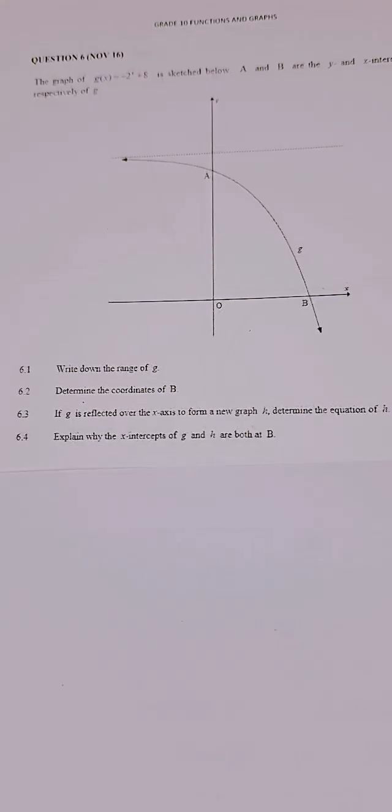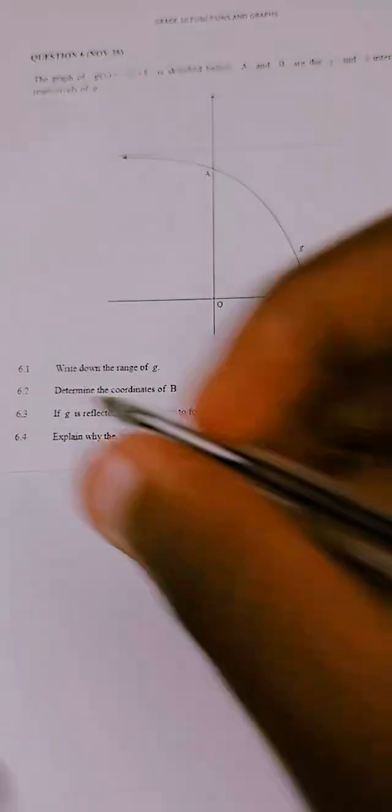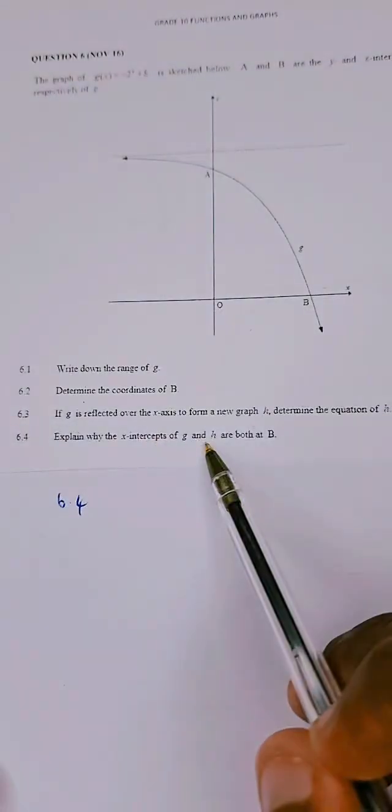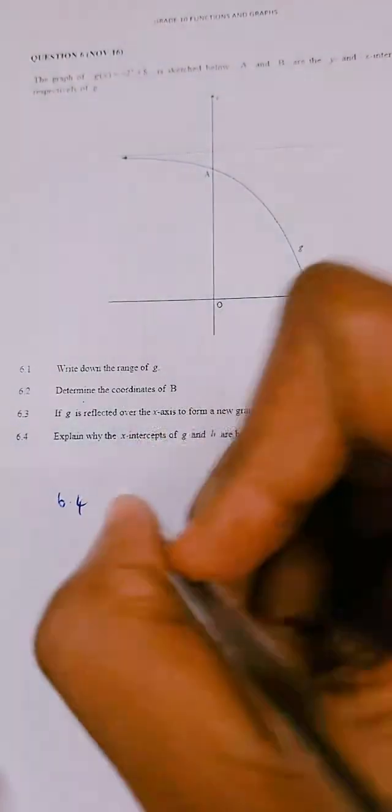Hopefully you guys still can apply what we've just said. Why are the x-intercepts of G and H both at B? They just want a reason. Remember x-intercept?